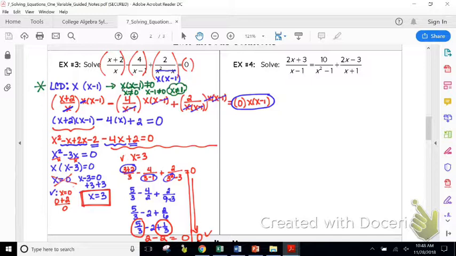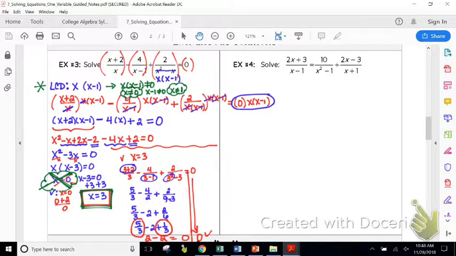And so I would have known if I got x is 0 or x equals 1, those can't be my answer. And so really I wouldn't have to do the check so much then, because when we got down here to the bottom, when we had that x equals 0, we would have automatically said, no, it's not in the domain, it can't be it. So 3 would have to be the one that works.